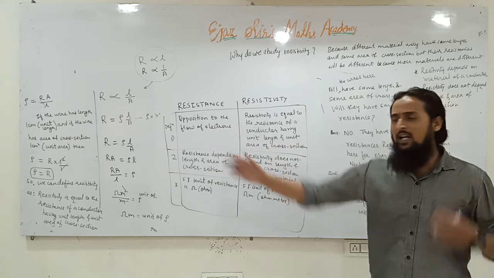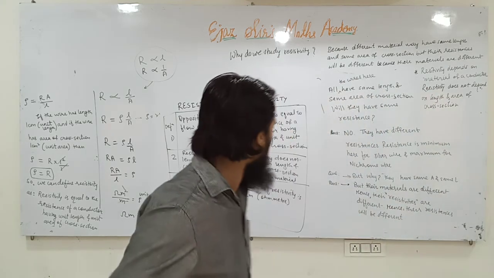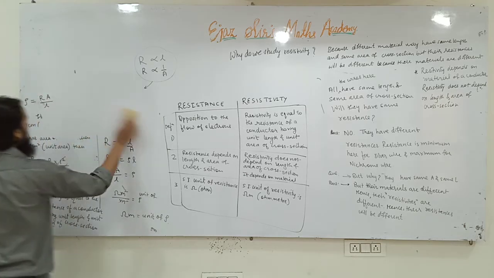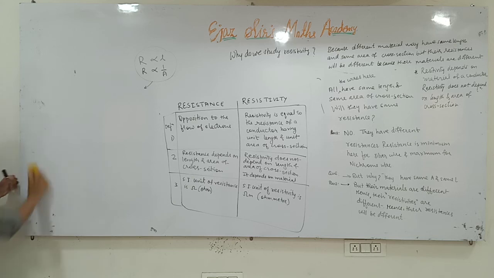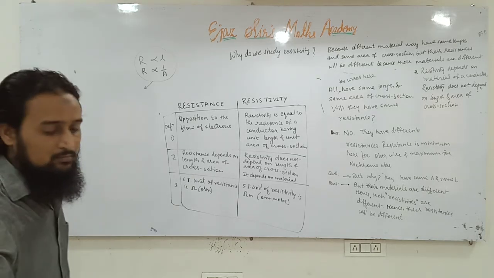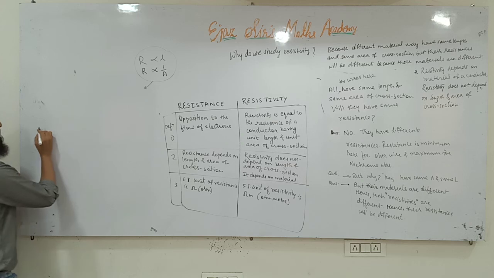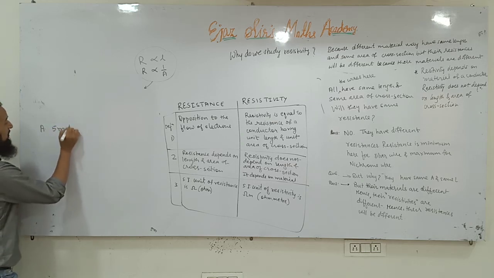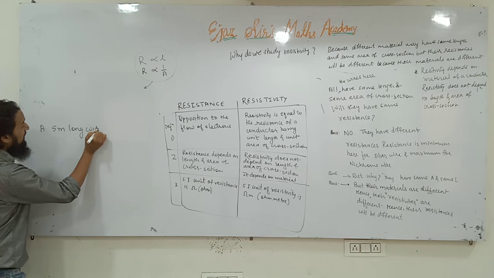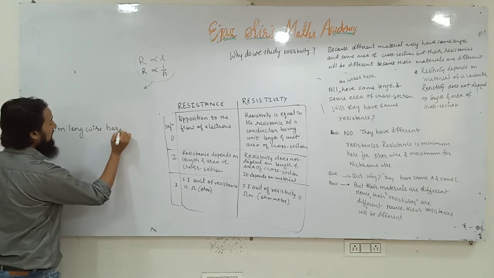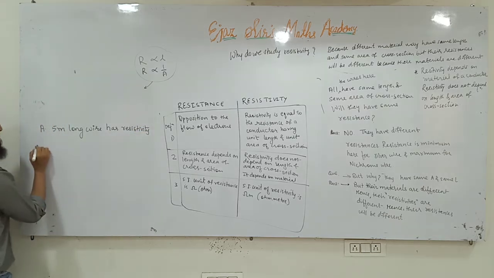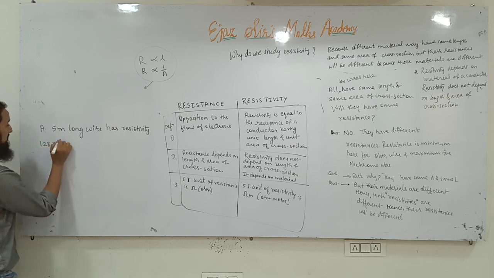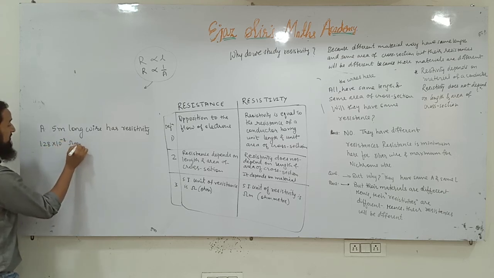I will give you a question. A 5 meter long wire has resistivity 1.28 into 10 raised to power minus 8 ohm meter.